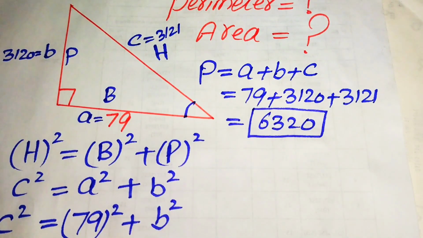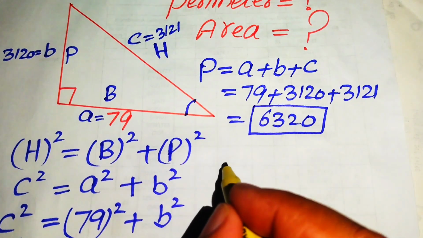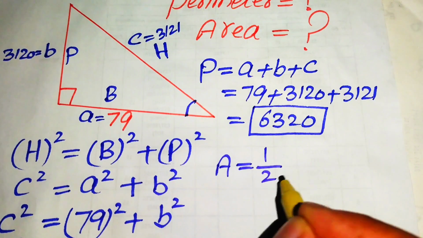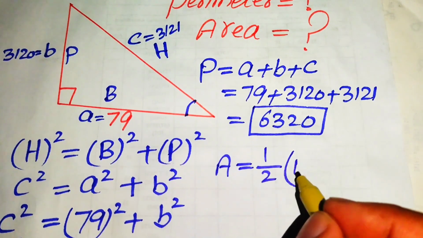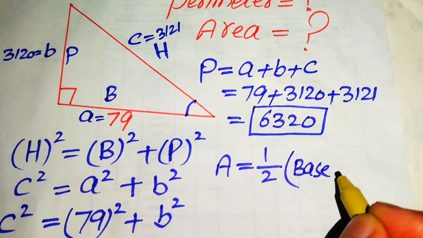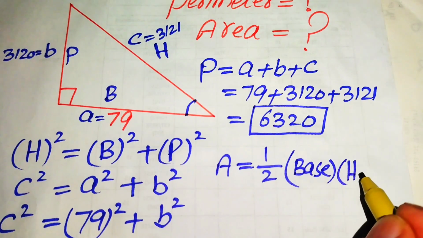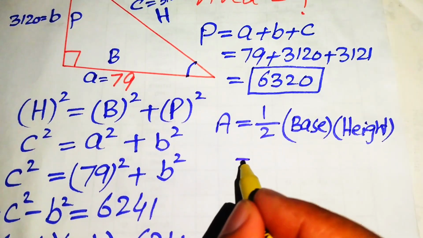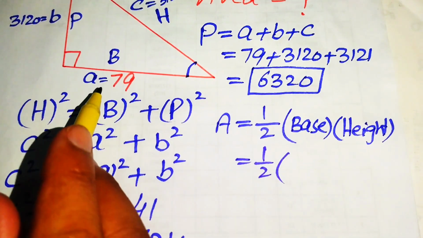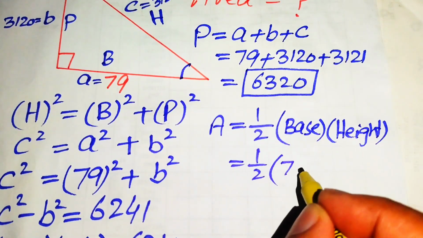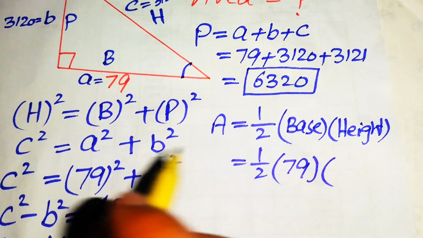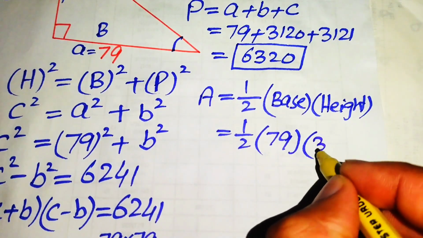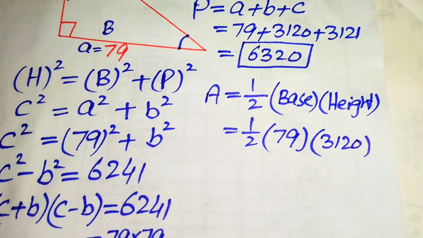Now we move towards finding the area of the triangle, and we know that the formula for the area of the triangle is 1 over 2 times base multiplied by height. Our base is 79, and our height is the perpendicular side, so it is 3120.